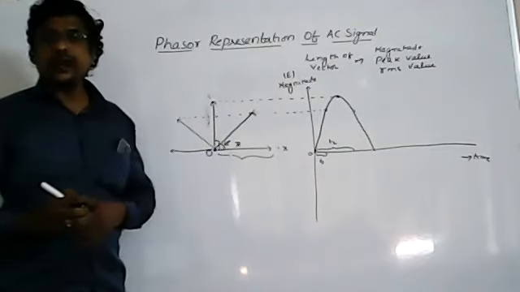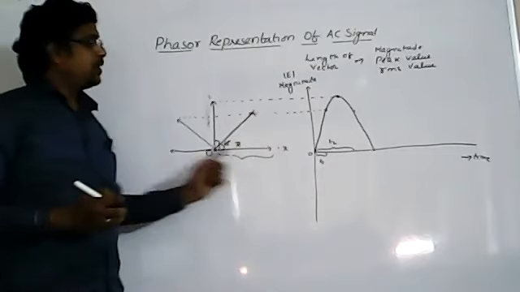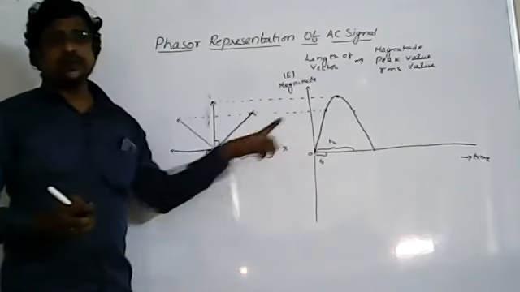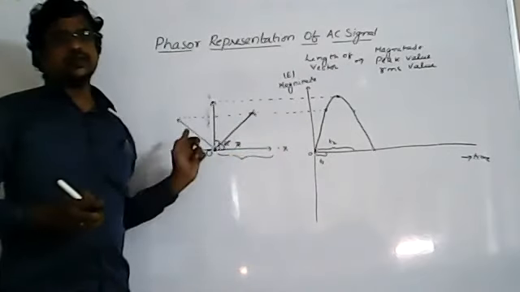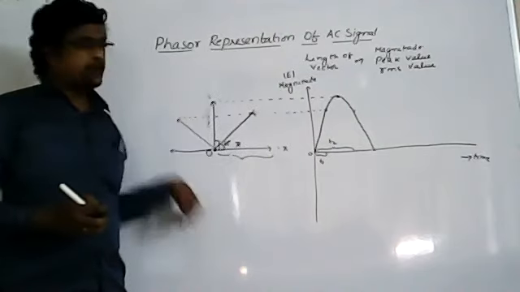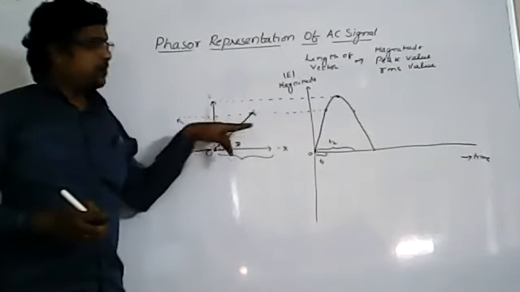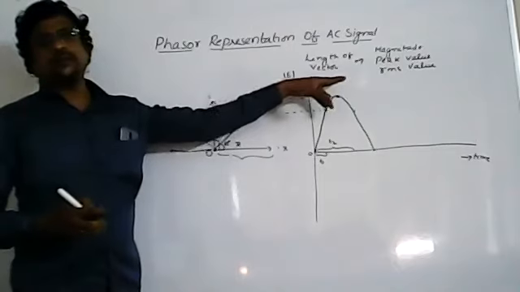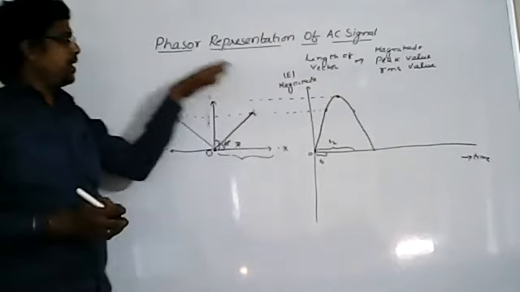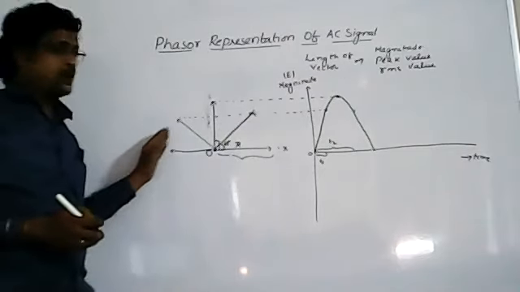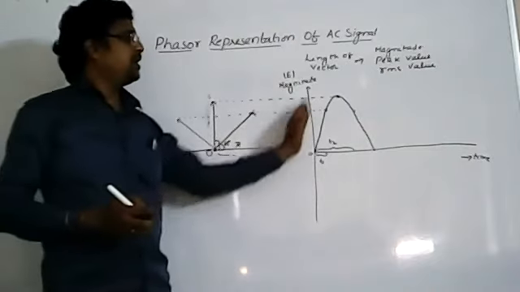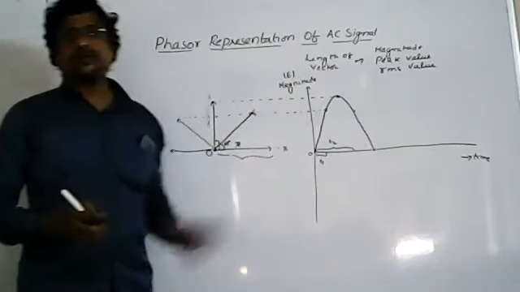If you rotate in clockwise direction, it will be on the negative side. Since you are rotating in anti-clockwise direction, you get an AC signal which is in the positive pulse.